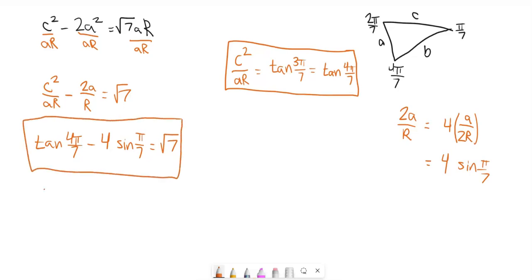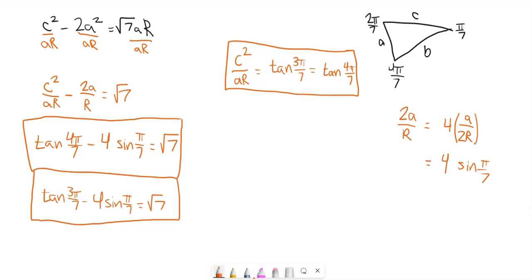And because of the way tangent is, you can also rewrite it with 3 pi over 7 as well. Now, when I first saw this equation a number of years ago, I had no idea how it was derived. It is one of the most fascinating and strange-looking trigonometric equations I had ever seen.